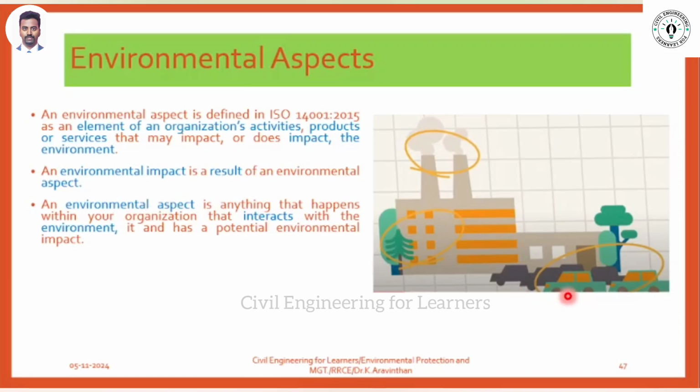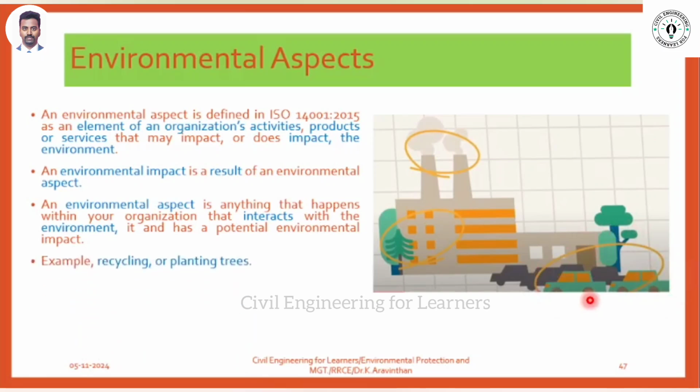Does a vehicle create any aspect, positive or negative? If you are running vehicles on diesel or petrol, it is a negative aspect. With an electric vehicle, it is a positive aspect. The vehicle is also an aspect here.